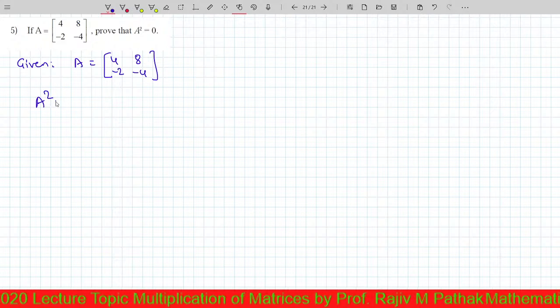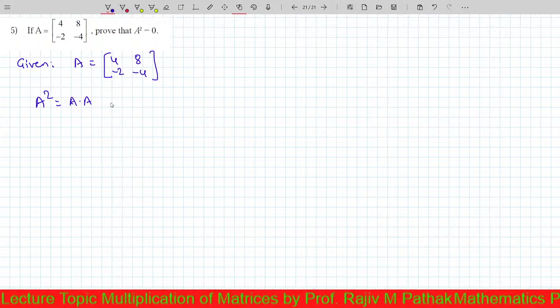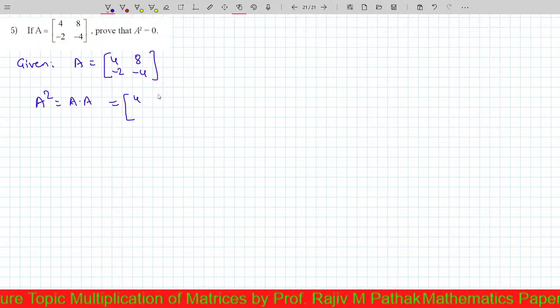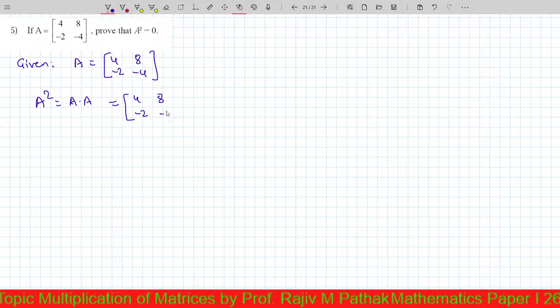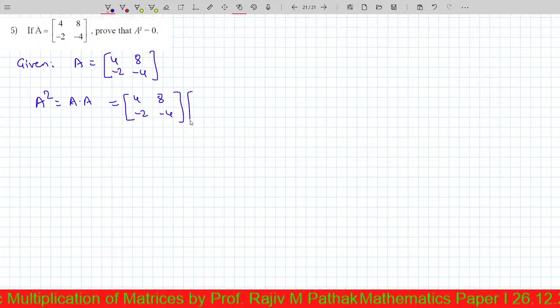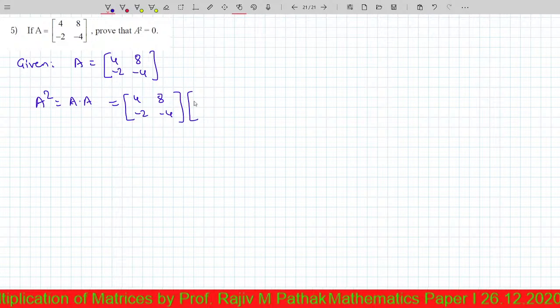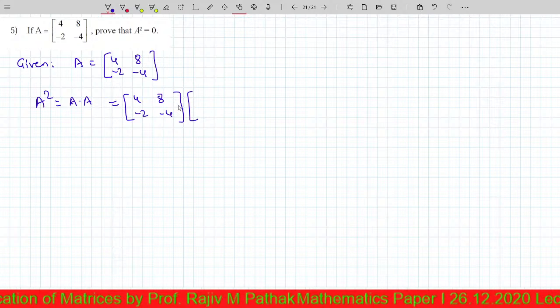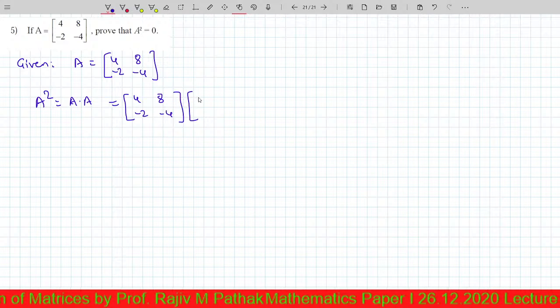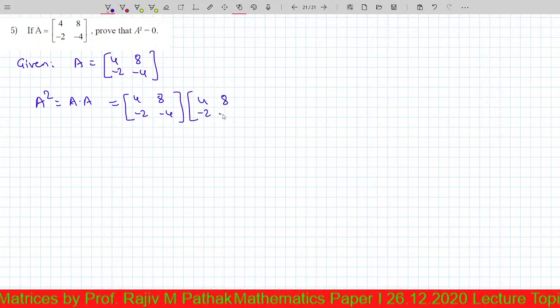So A square means A into A. Okay, so A is 4, 8, minus 2, minus 4 into A, that is 4, 8, minus 2, minus 4.